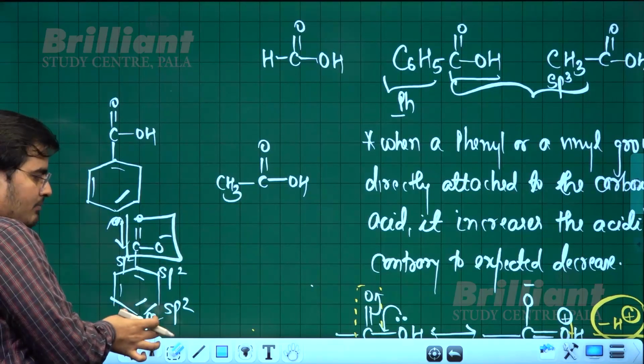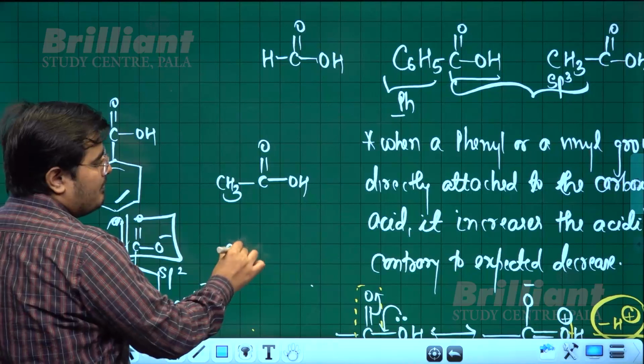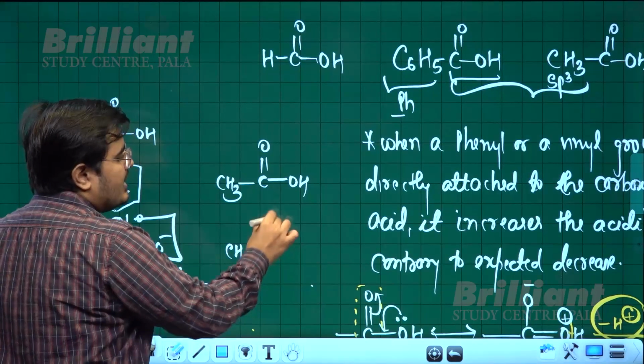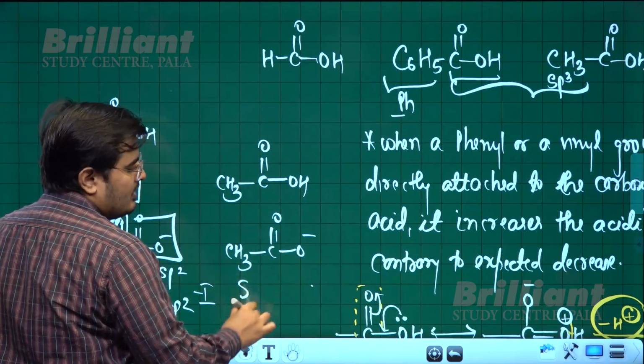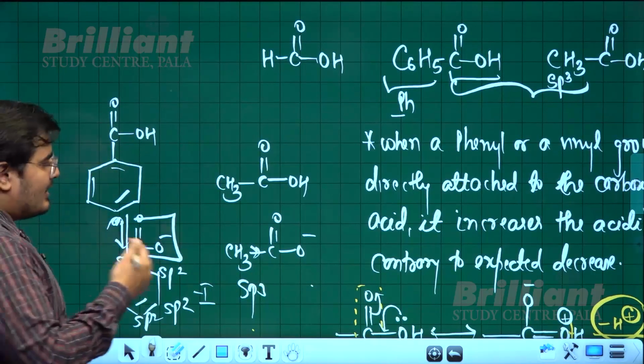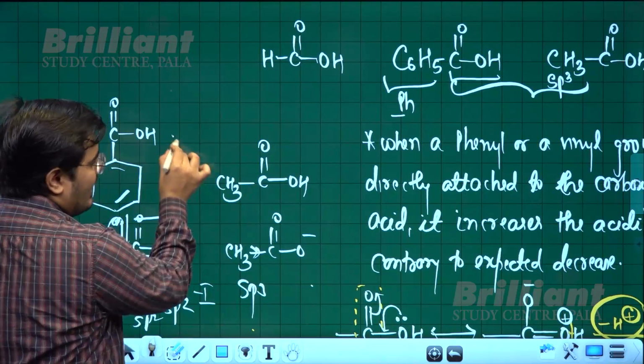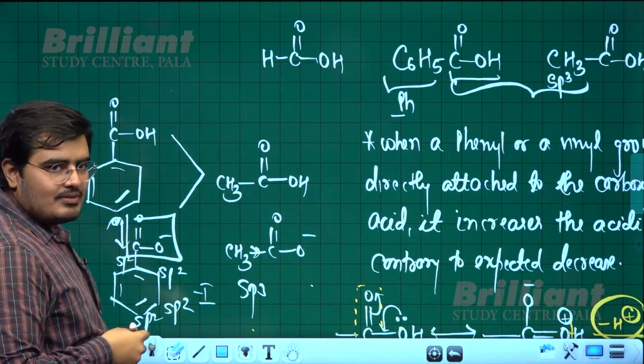Since there are more number of sp2 carbons, they exert a minus I effect compared to the sp3 hybridized carbon, which actually has an electron releasing effect. And that is the reason why benzoic acid is said to be more acidic than acetic acid.